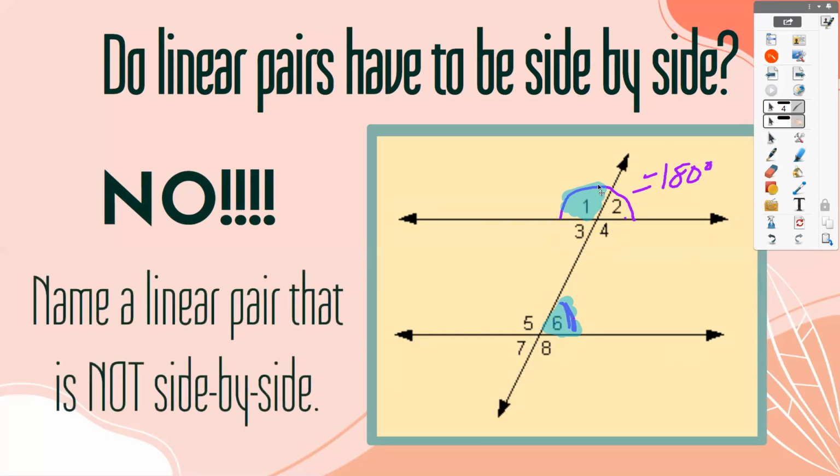So a linear pair not side by side: 1 and 6. I could also say angle 4 and angle 7, because 4 and 3 make a linear pair and 3 is corresponding with 7. So multiple different groupings I could come up with here.